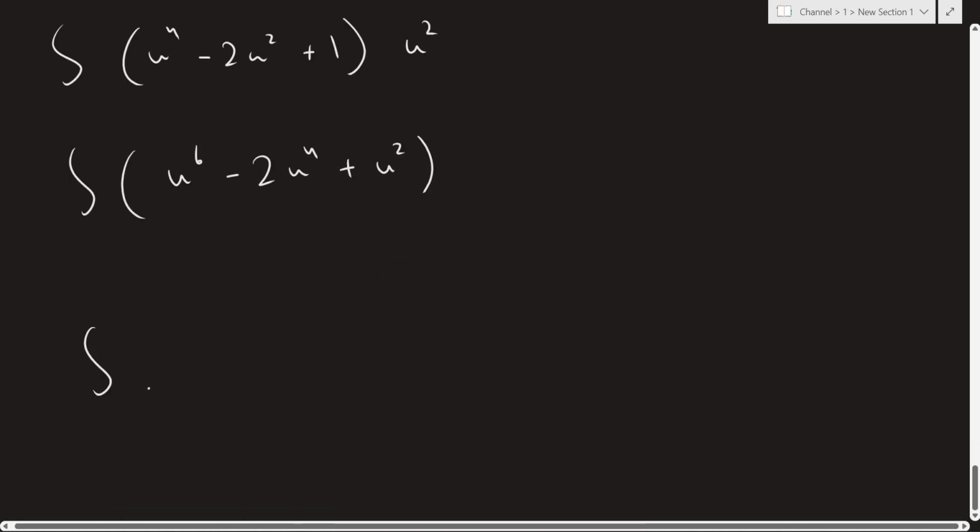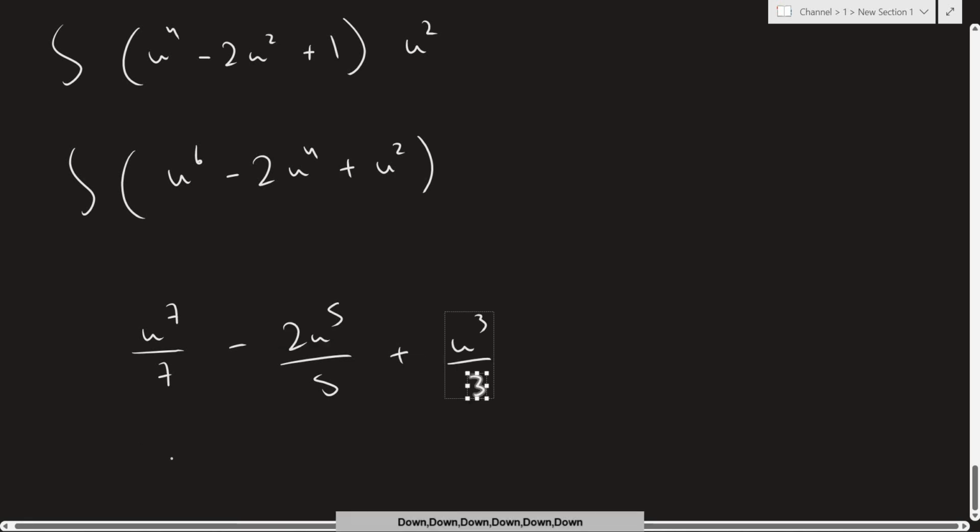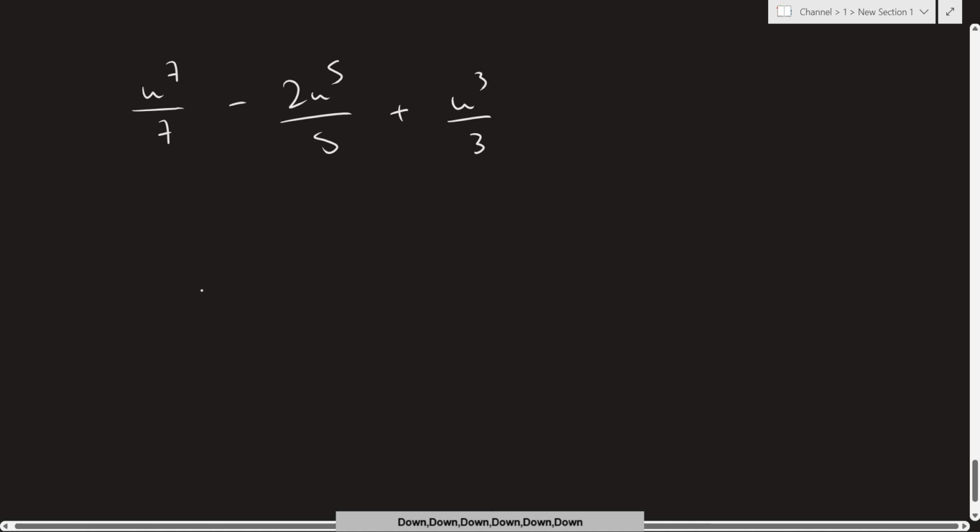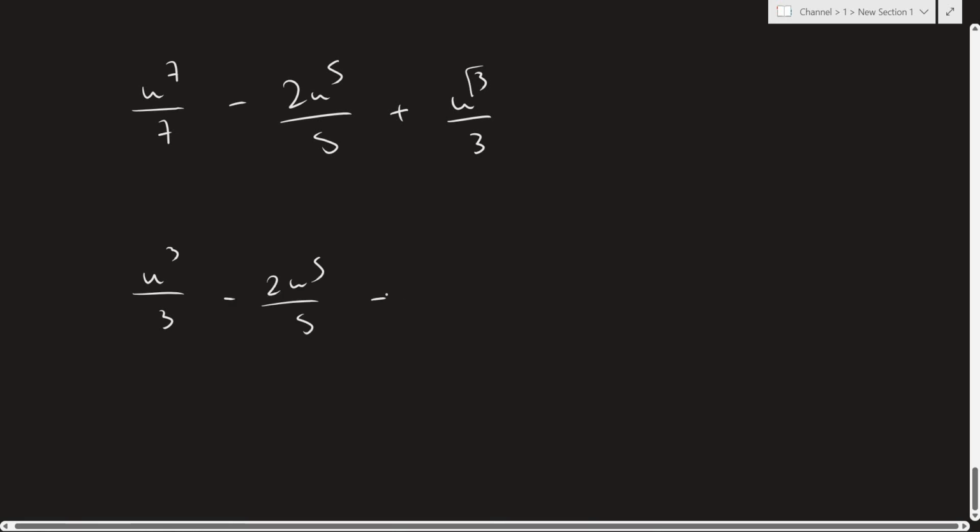Great, now integrate. U power 6 becomes u power 7 over 7, minus 2u power 5 over 5 plus u power 3 over 3. I would like to write from the least to greatest. So u power 3 over 3 minus 2u power 5 over 5 plus u power 7 over 7 plus c, and this is your answer.